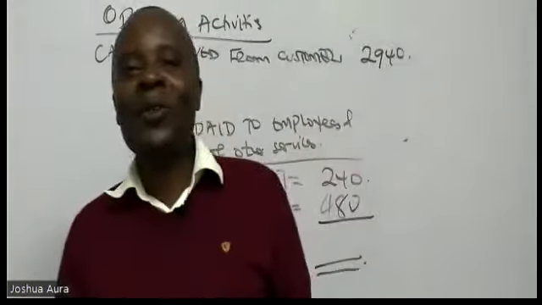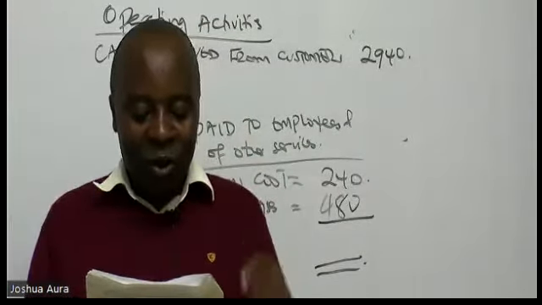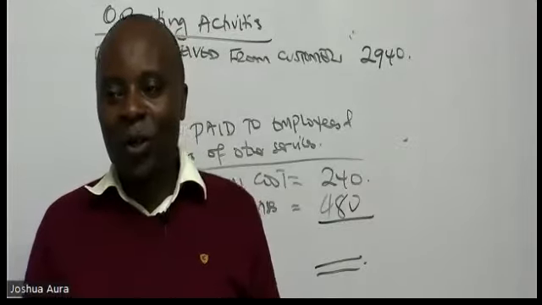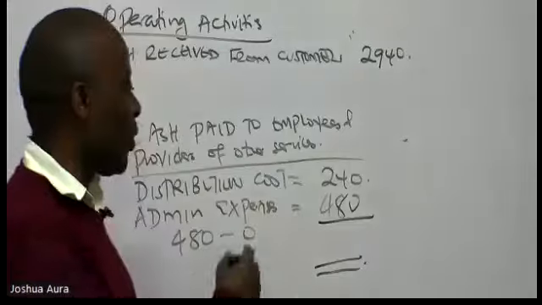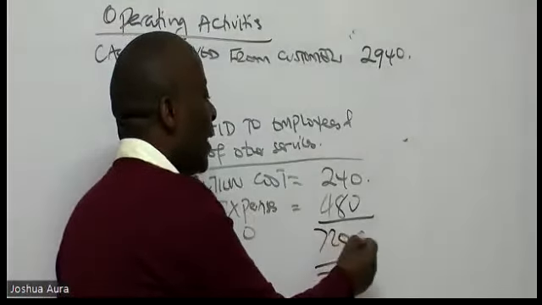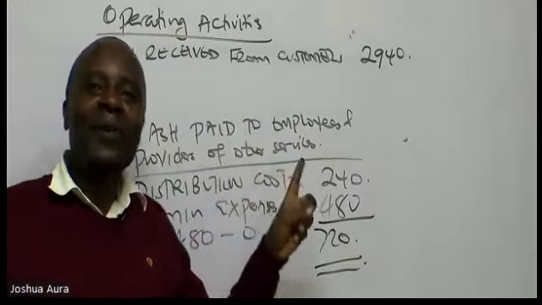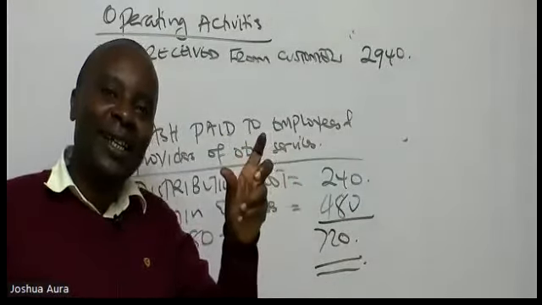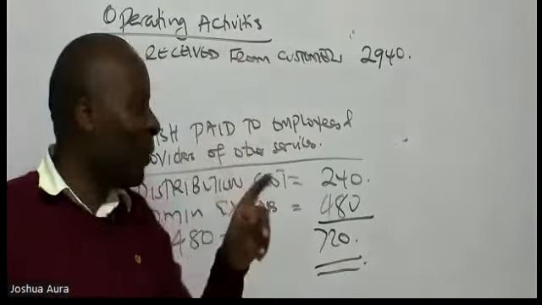Remember, in some questions, they will give you what we call other payables. How I wish I had other payables. So like Eric is telling me this is 720. If I had other payables, other payables are not in the trade payables; they normally come here.